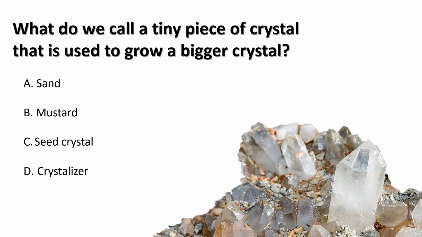All right, last one, guys. Are you ready? Number 5. What do we call a tiny piece of crystal that is used to grow a bigger crystal? Is it A, sand, B, mustard, C, a seed crystal, or D, a crystallizer?